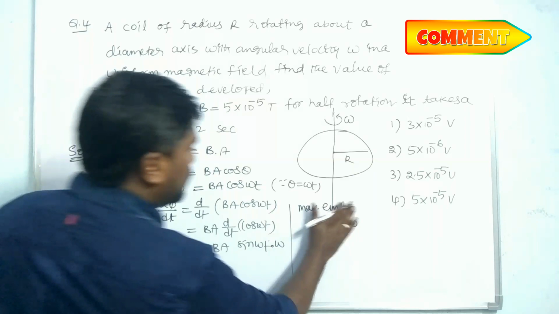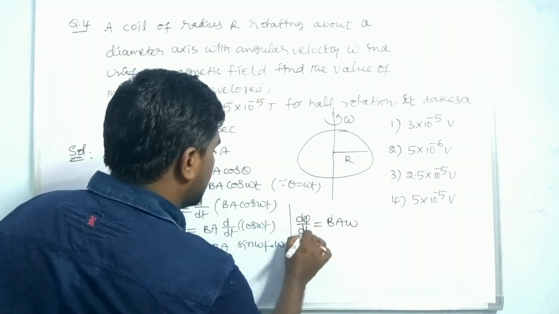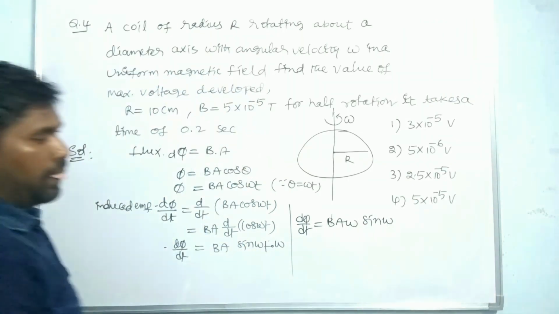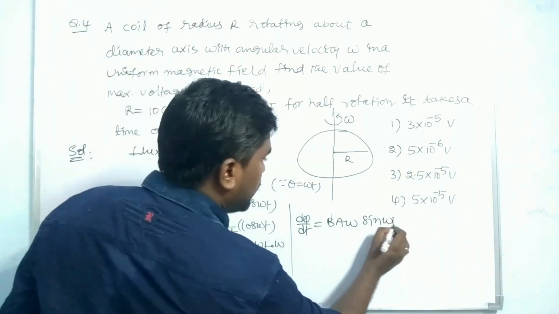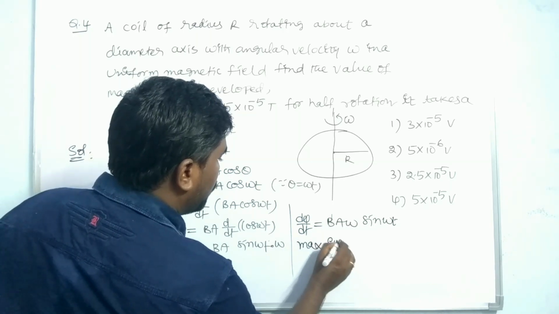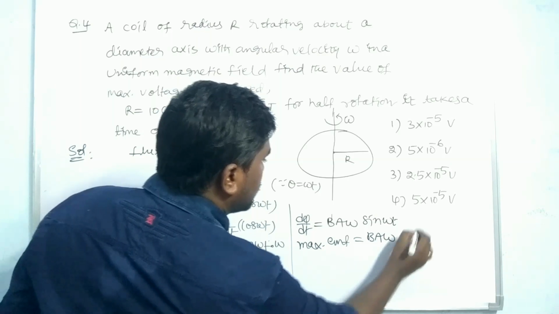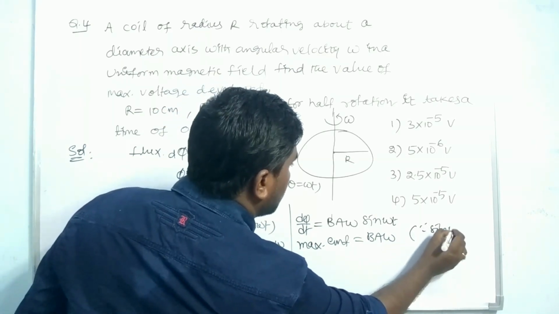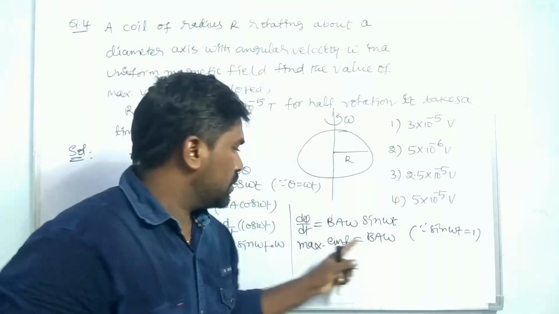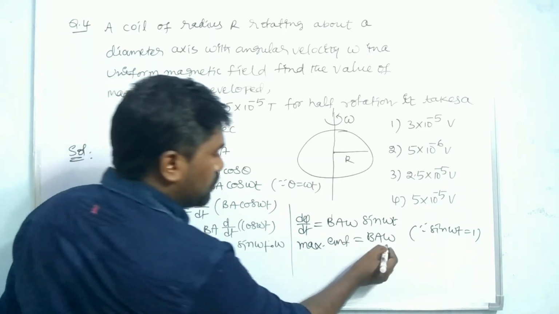Actually, you have to write that the induced EMF equals BA omega sin omega t, where the maximum EMF occurs when sin omega t is equal to 1. So this is the maximum EMF produced.